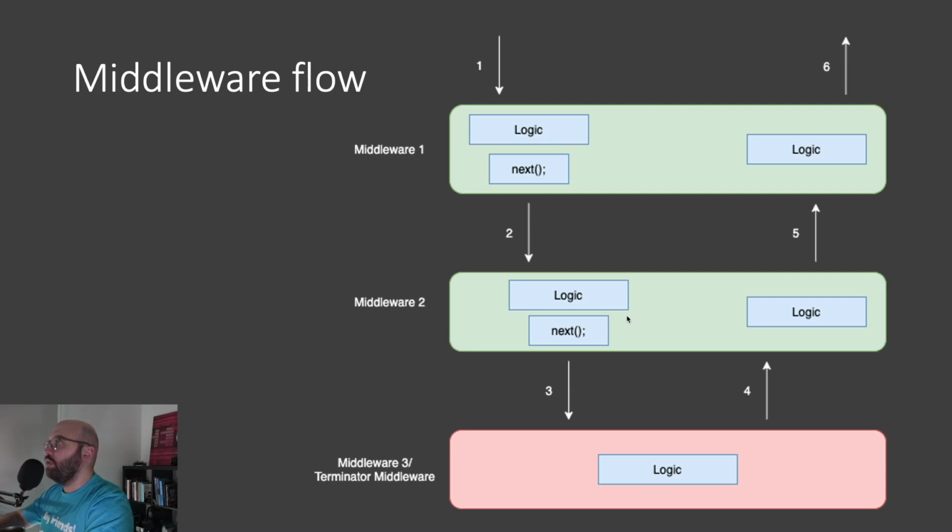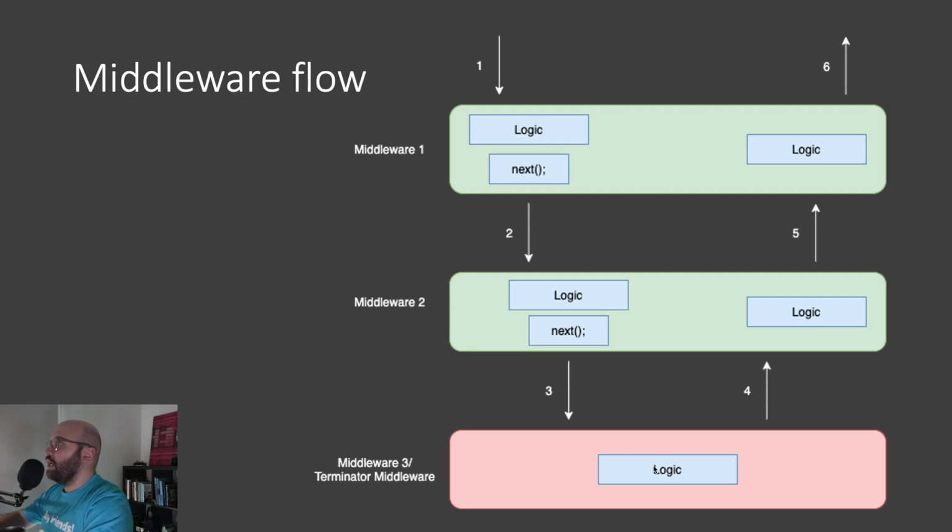The next is responsible for calling the next middleware, and then the request is passing through to the second middleware. Once it has reached the second one, it executes different logic, which again was console.writeLine in our case, and then it calls the next method, and the next method calls the third middleware. In our case right now, that middleware is a terminal middleware because it cannot call the next middleware.